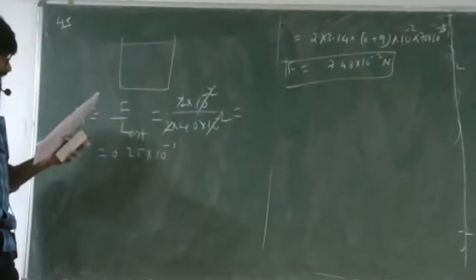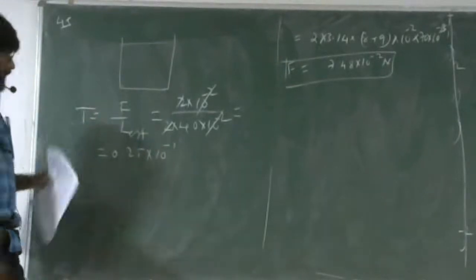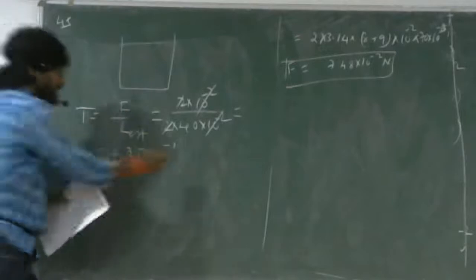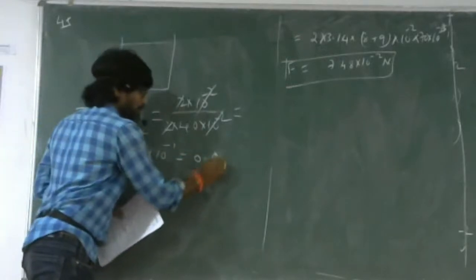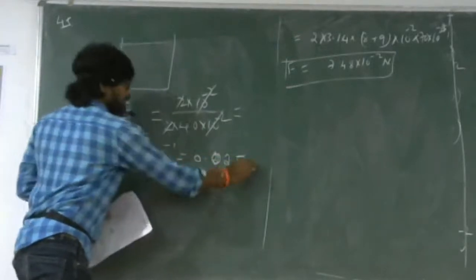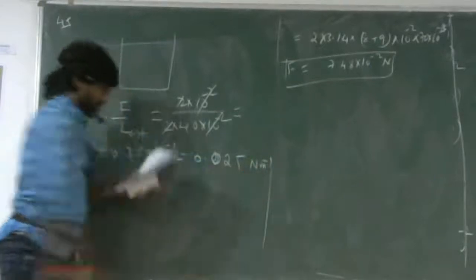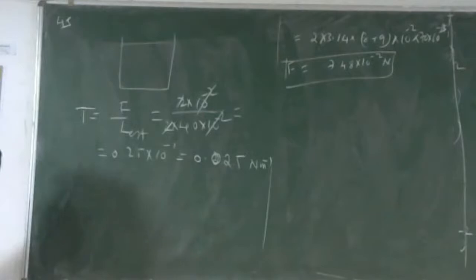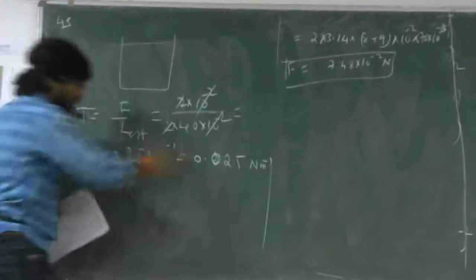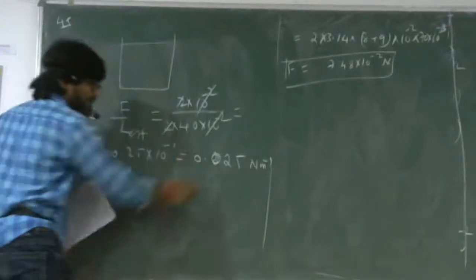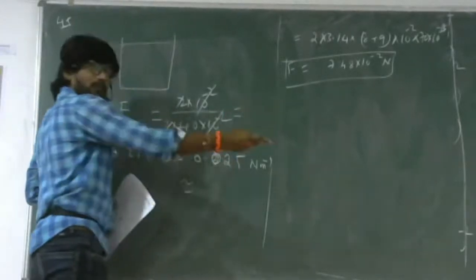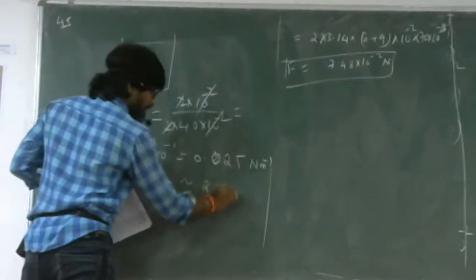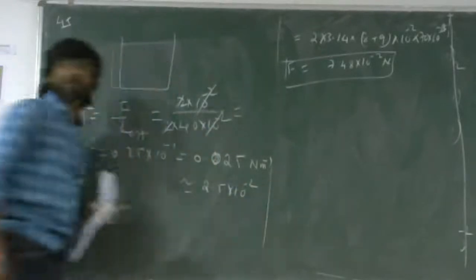So you can take it as 0.025 Newton per meter. If you observe the options, is there any option having 0.025? No. But this can be expressed as 2.5 into 10 to the power -2 also.